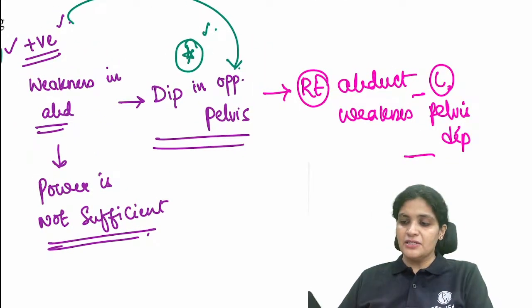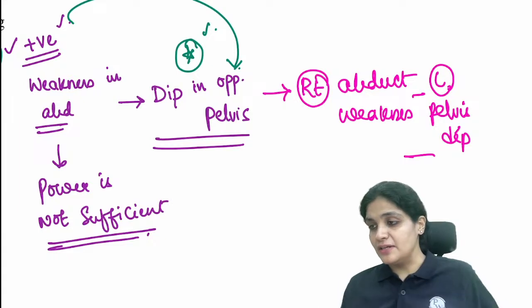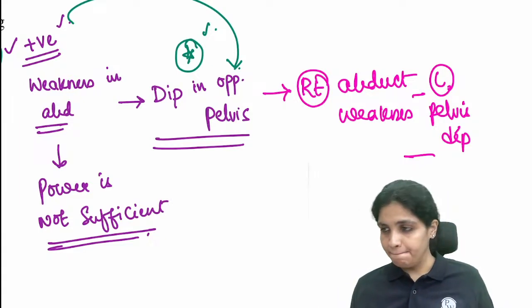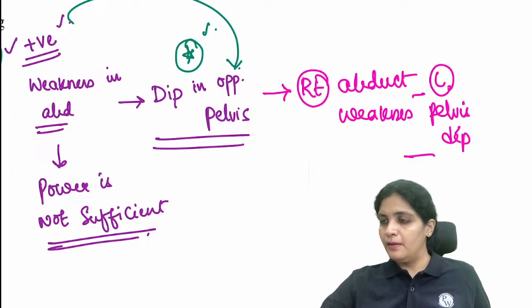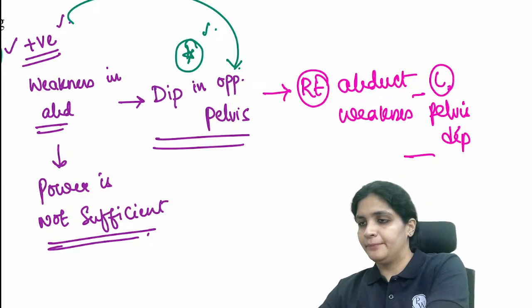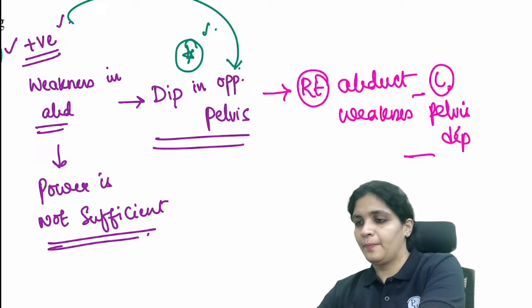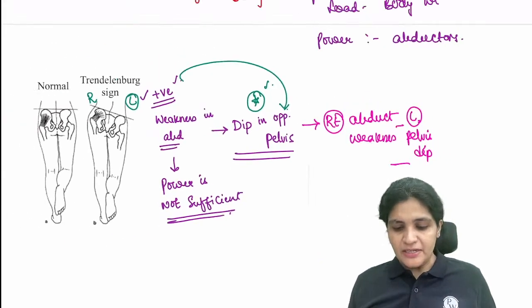They will usually ask you which abductors are weakened, so that it is resulting in which dip. Okay. That is the Trendelenburg test.